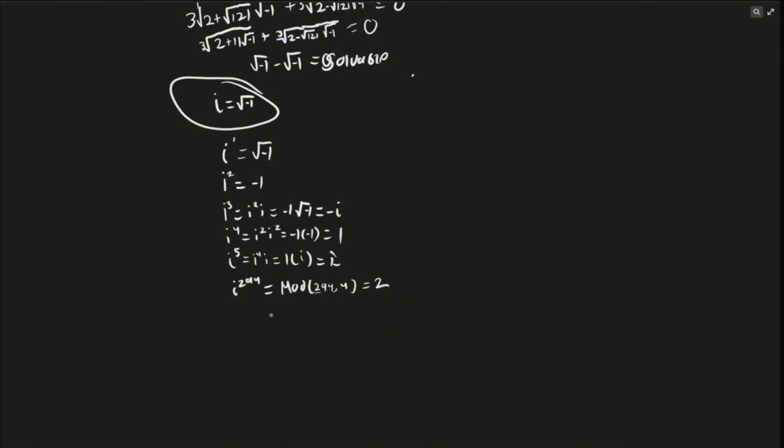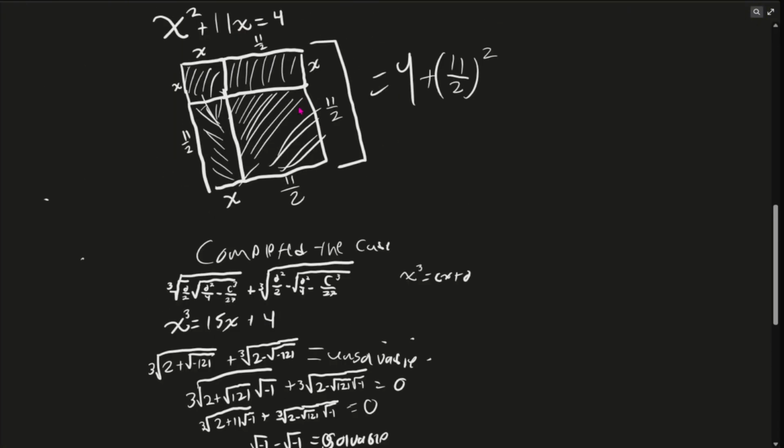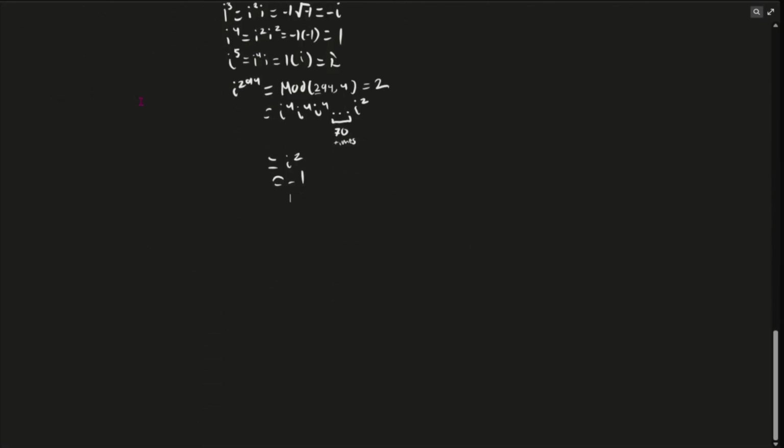So we can rewrite this expression as i to the 4, i to the 4, i to the 4, dot dot dot, 70 more times, and then an i to the 2, and since all of these are equal to 1, it is equal to i to the 2, which is equal to negative 1.